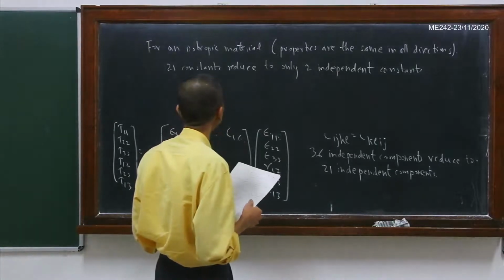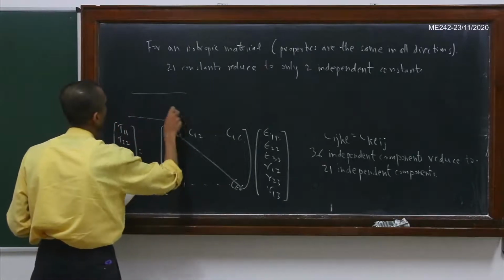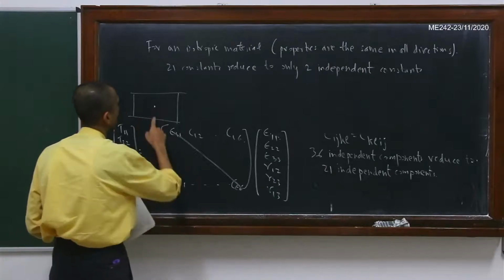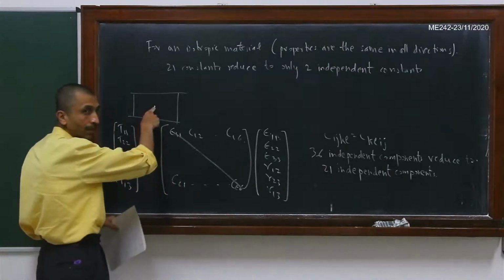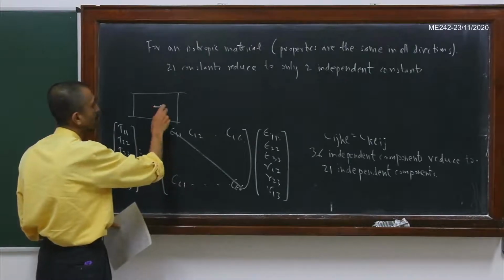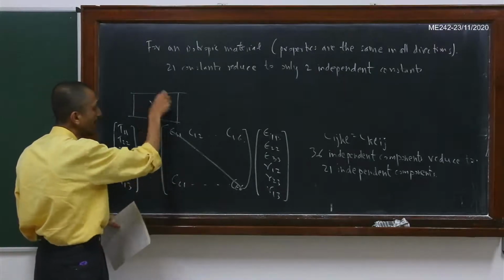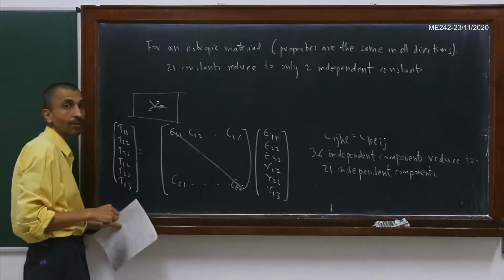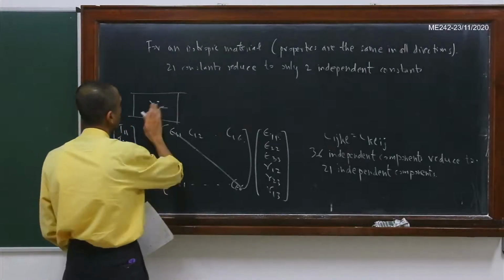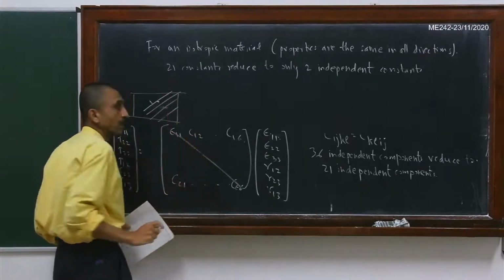So what do we mean by isotropic? Suppose I take a bar like this, and now we are looking at the constitutive properties at a particular point. We are saying that whether you are considering the constitutive properties in this direction or this direction or in any direction, the properties are the same. Suppose let us take an example that there are fibers running through this, like in a composite material, you must be familiar.